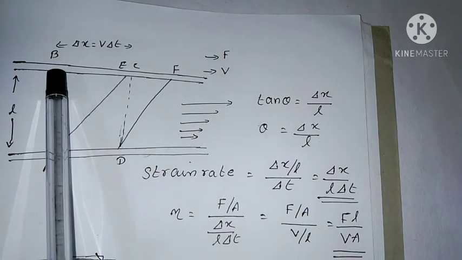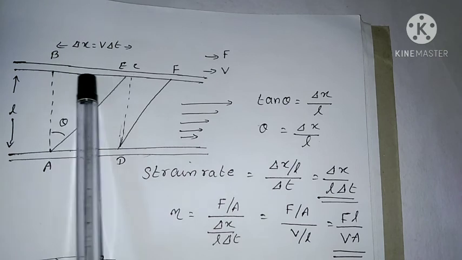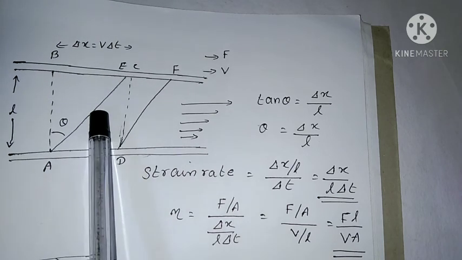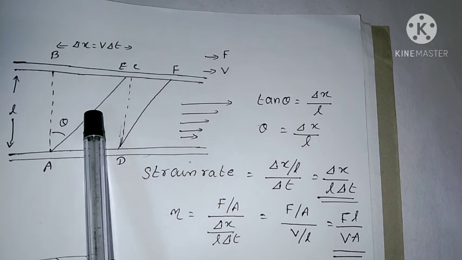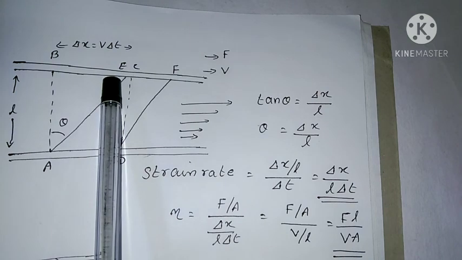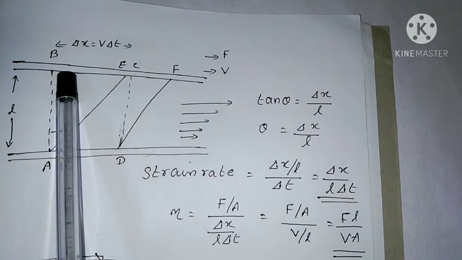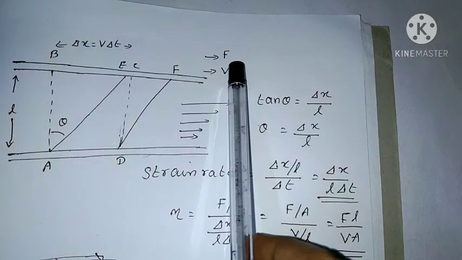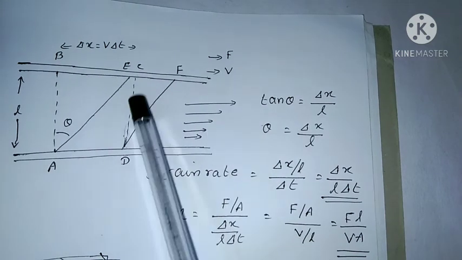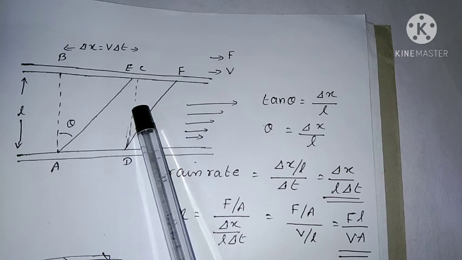Then the liquid or the plate moves through a displacement delta x. Then instead of the oil, you apply some honey. Then to move the plate through this displacement, you have to apply a greater force because honey is more viscous than oil.